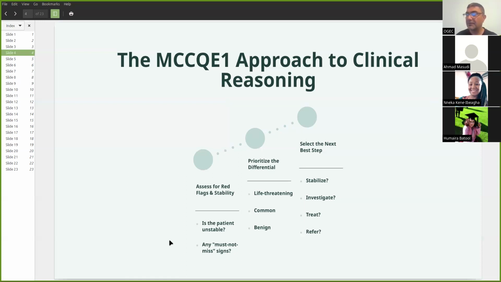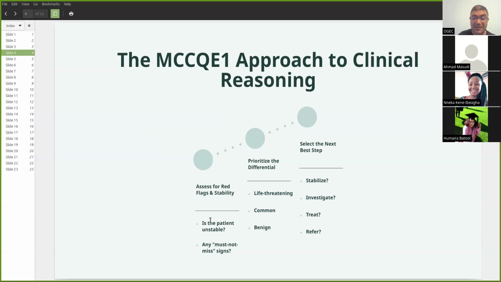So what we see here is that the first step is to assess for red flags and stability of the patient. Very important for the patient's safety. We have to see if the patient is stable, because we can gather this information from the history or the presentation provided in the question stem.